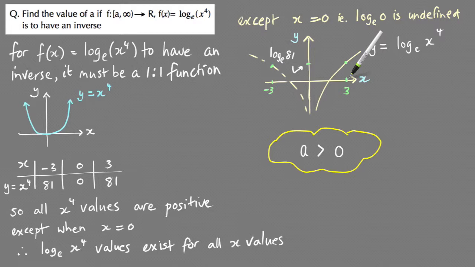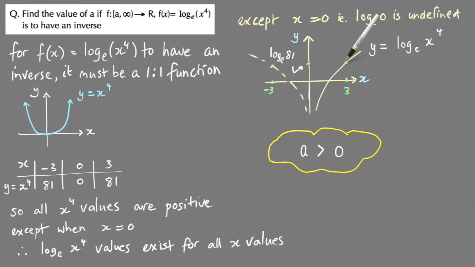If you look at the point where x equals 3 and x to the 4 equals 81, the y value on this graph is log e of 81, so I've written that in. That point has coordinates 3, comma, log e of 81. And when you sub in -3, you get log e of 81 as well.